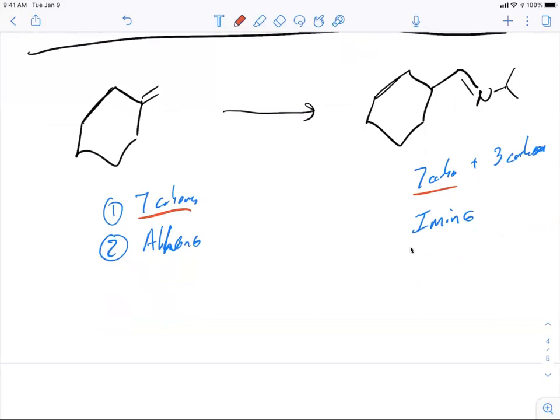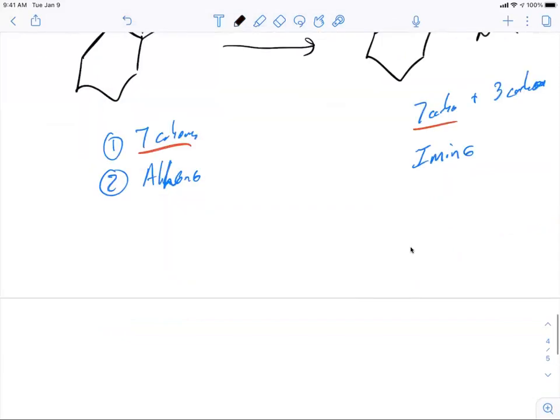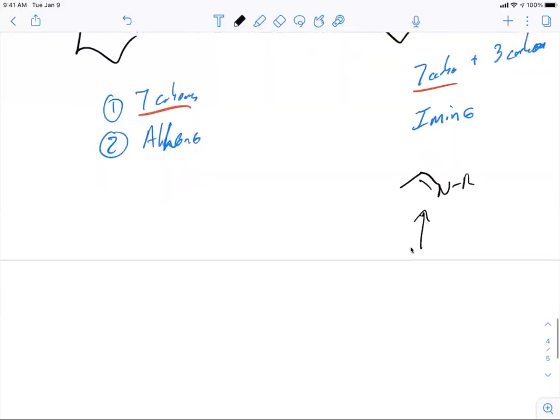Let's think about two possible ways to do this. We can start with, okay, how do I get to an imine? Well, you get to an imine by coming from a carbonyl, right? So I need the carbonyl to get to the imine, and that's really one of the only ways you know how to do that right now.